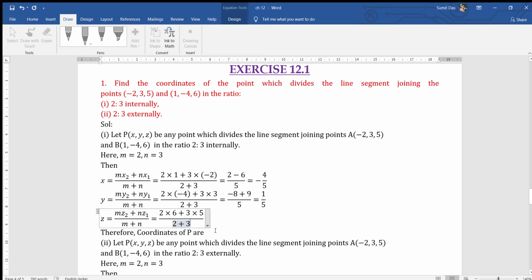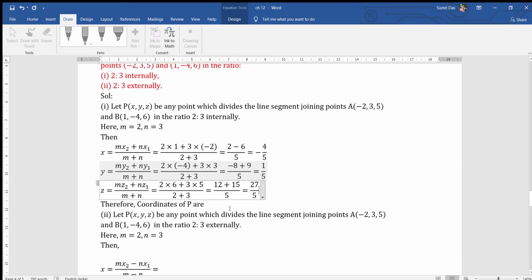Yeah, I was just saying to put the value of z. So the denominator will be 5, the numerator will be 12 plus 15. So this answer will be 27 divided by 5.